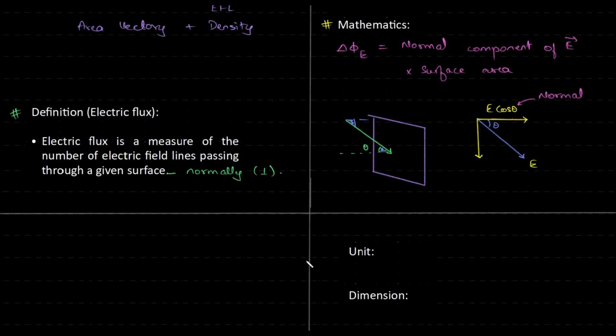Okay, guys. So the flux, electrical flux in this case, is E cos theta, and surface area is your delta S or S, whatever you guys want to call it.